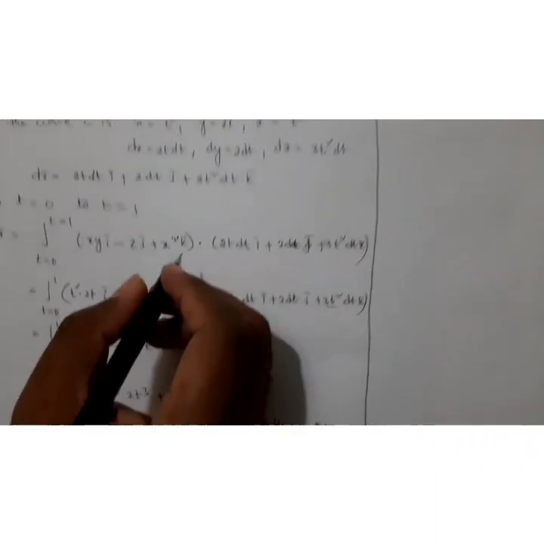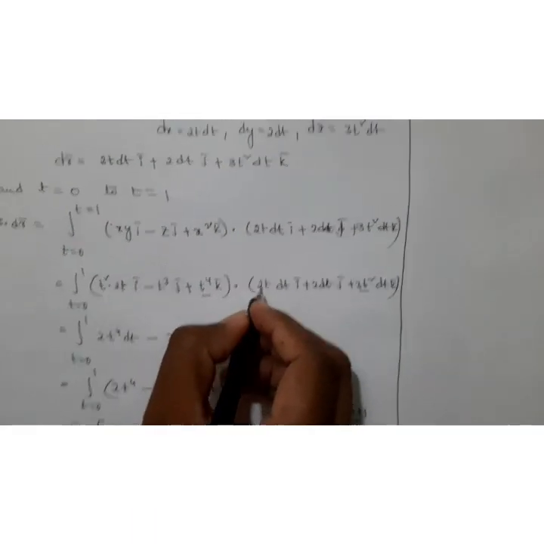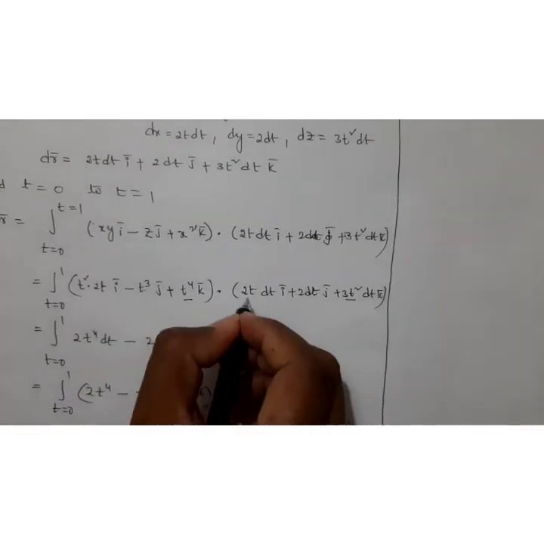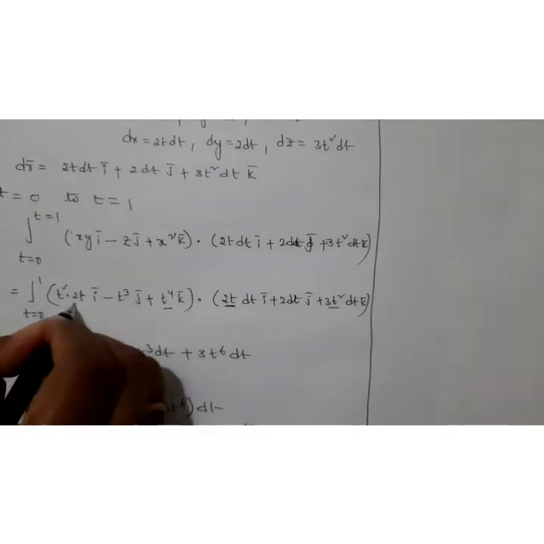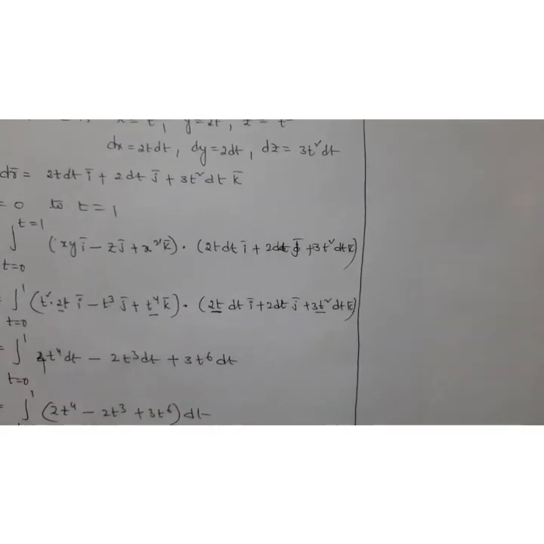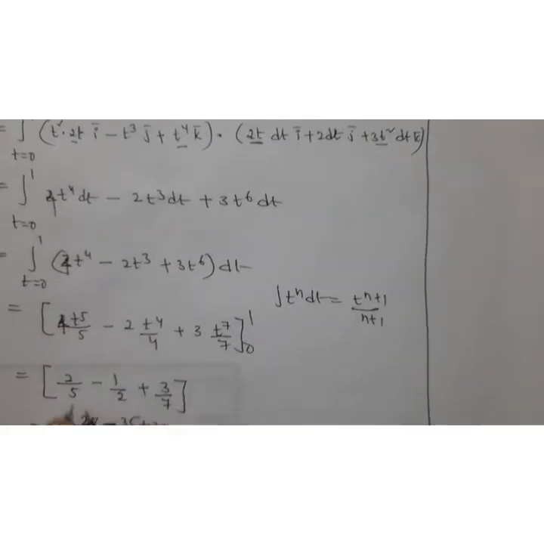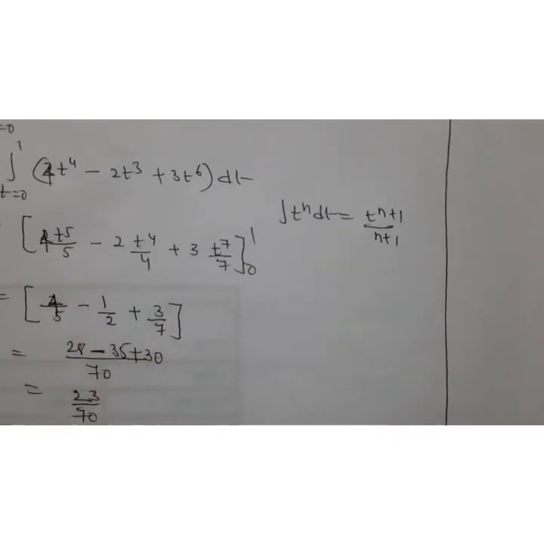Okay, here we made a mistake. Here 2 times 2 is 4: 2t into 2t cube is 4t power 4, so the first term is 4 by 5.